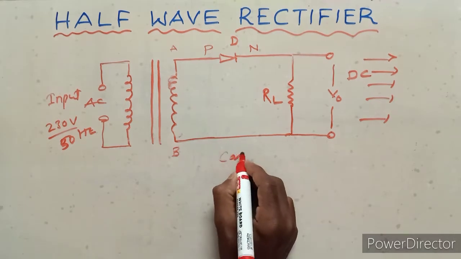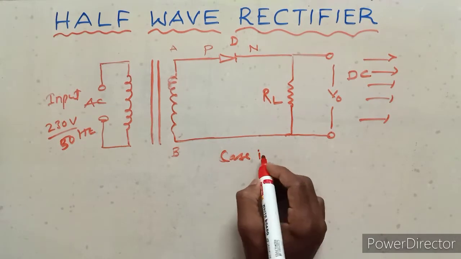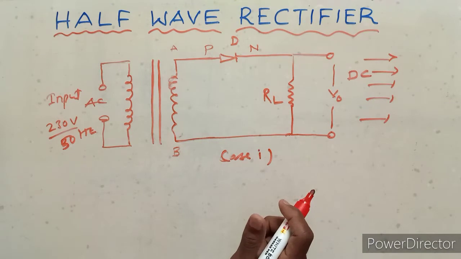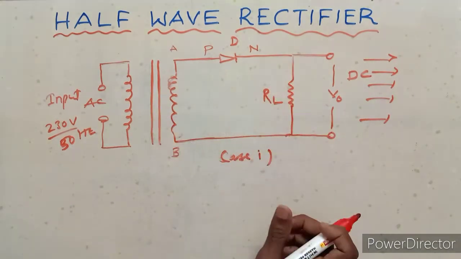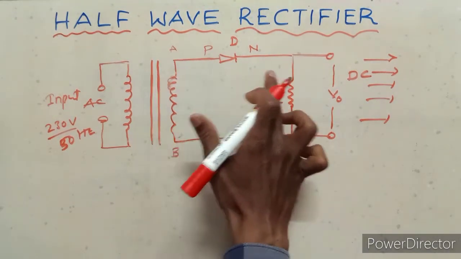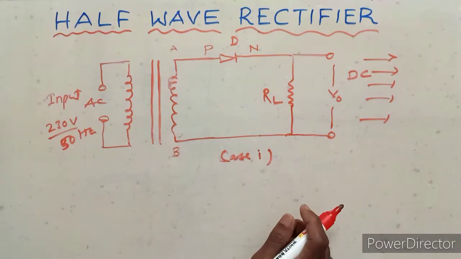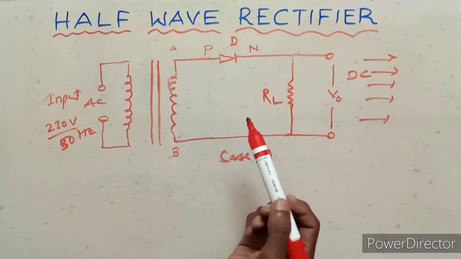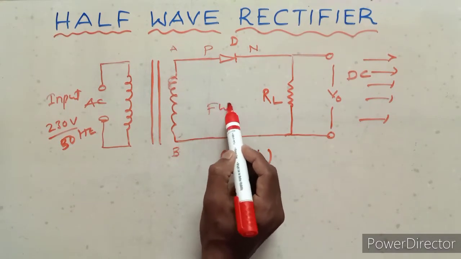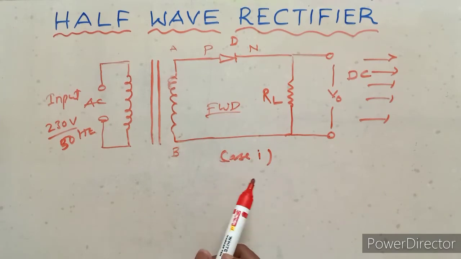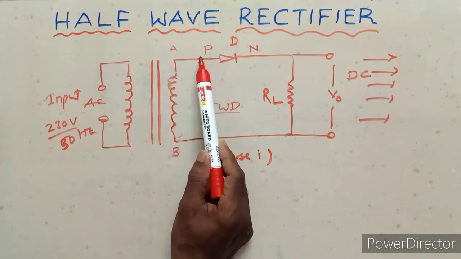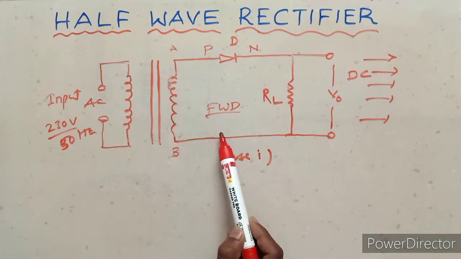In the case 1, switch is closed. So this is the forward bias. Forward bias: P type of semiconductor is connected to positive terminal of the battery.